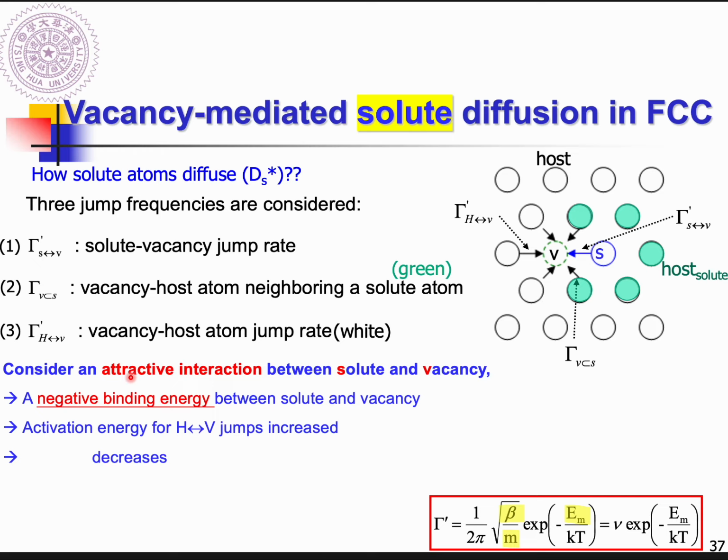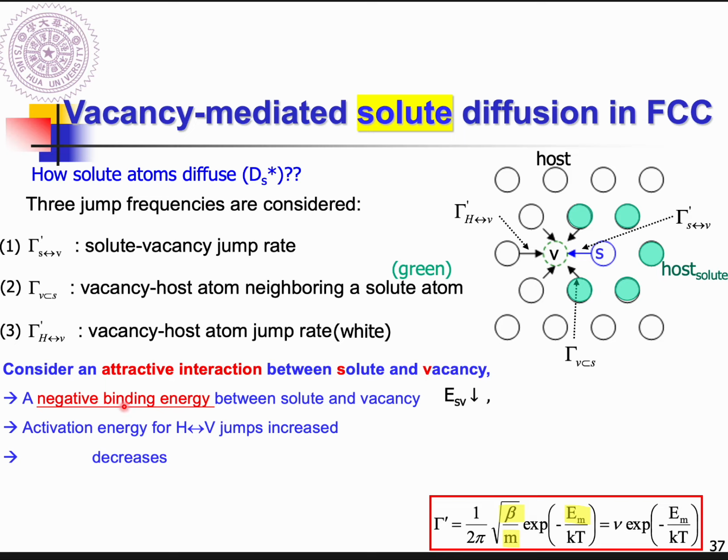We consider there's an attractive interaction between the solute and the vacancy. Attractive interaction means there's a negative binding energy between the solute and the vacancy. Negative binding energy means that they like to bind together to lower the total free energy of the system, because negative binding energy will lead to a decrease of the total free energy of the system.